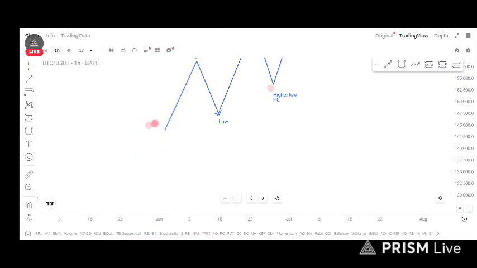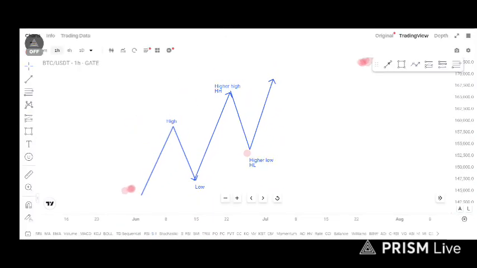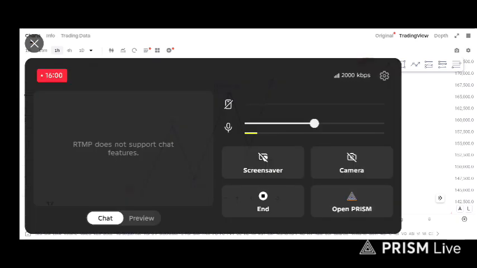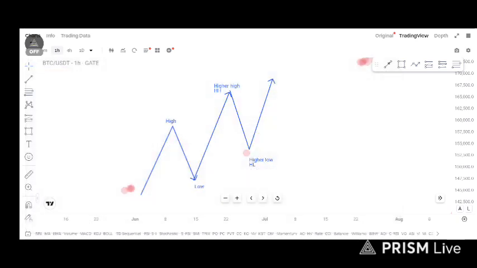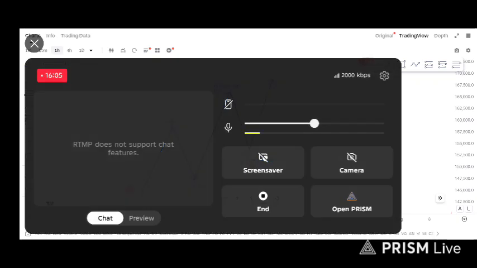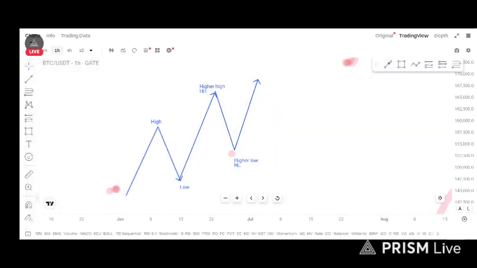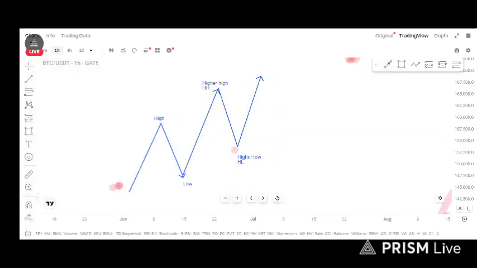Okay, so next time I might not be writing it out in full like this. We will be calling it HL, as in higher low.